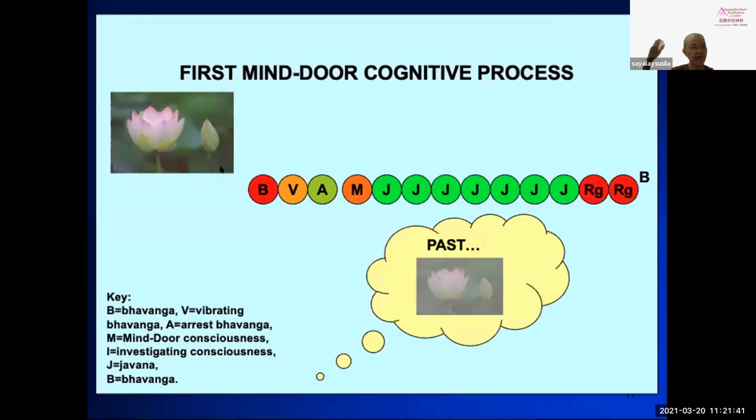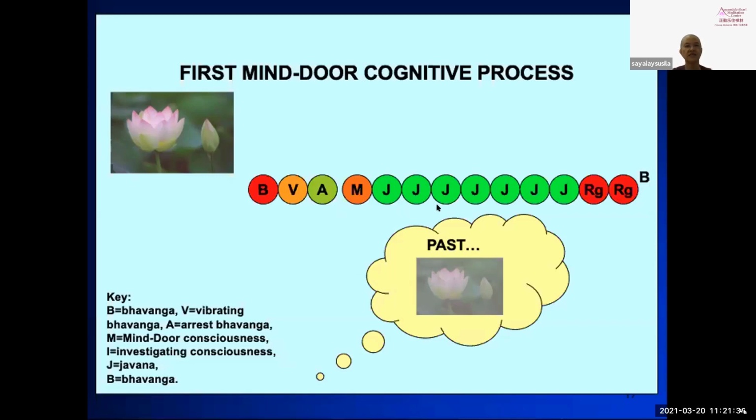But now we come to the mind door. So the mind door has to seize the past object. The first mind door cognitive process works through memory. What the eye sees lifts the memory into the mind. So the mind door cognitive process now knows the past object, because that materiality, that visible object, is already gone. Now the mind just reflects, memorizes what the eye has seen.